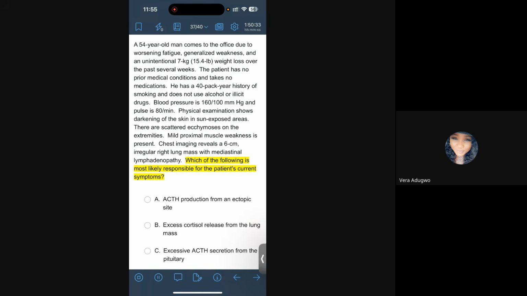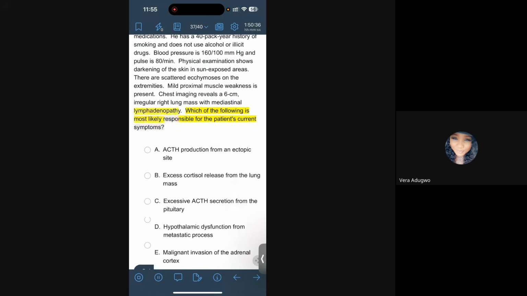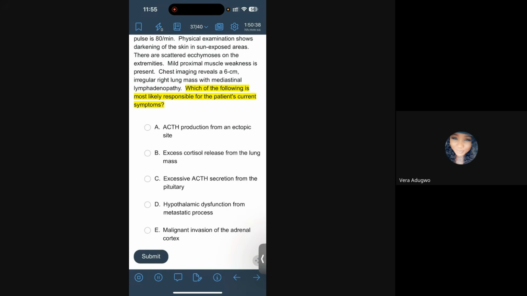So the normal response of the pituitary will be to decrease ACTH. But in this case, ACTH is higher. That means the main pathology site is not within the adrenal cortex. Option E is eliminated. Now we are left with A, B, C, and D.